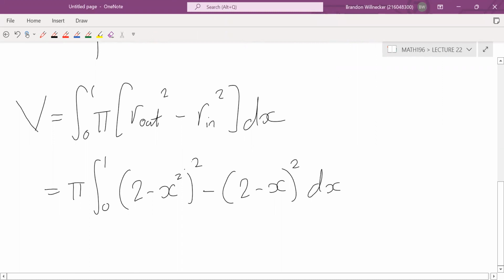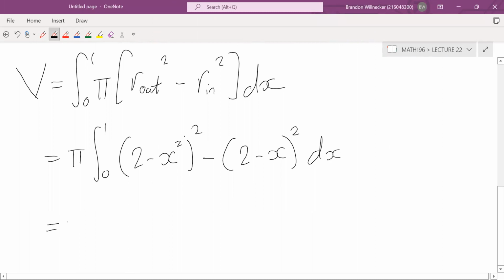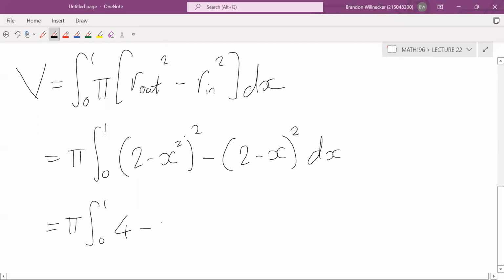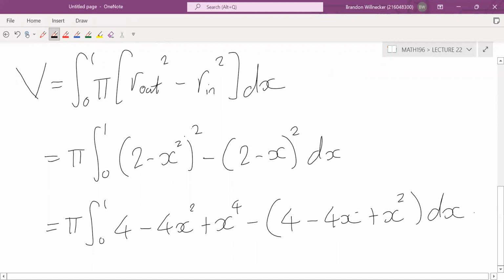Okay, so now we can just expand this out to get a nice polynomial, and then we can integrate. So this will be pi times the integral from 0 to 1. If we expand the first bracket out, we're going to get 4 minus 4x squared plus x to the 4, minus (4 minus 4x plus x squared) dx.